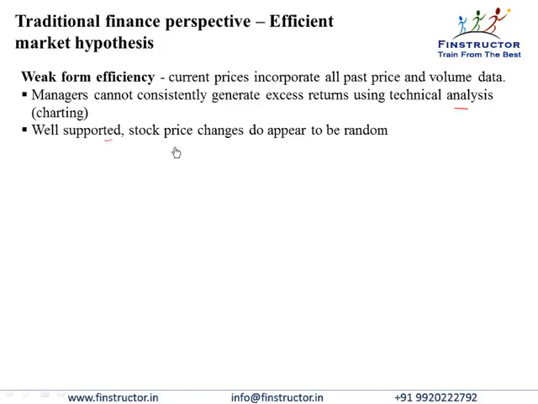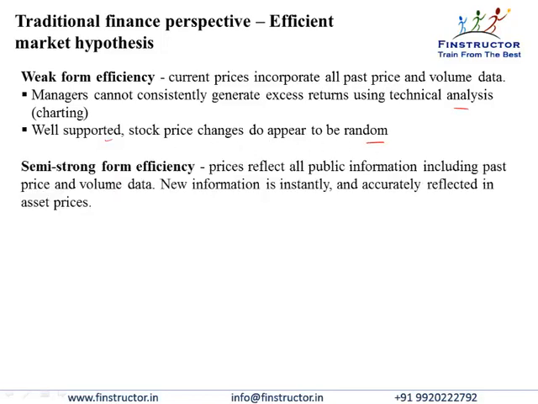Generally, the weak form is well supported, and we have found that there is no long-term or sustainable trend seen in any stock price data, and stock price changes do appear to be random. The semi-strong form of market efficiency says that current prices reflect all public information, including past price and volume data.